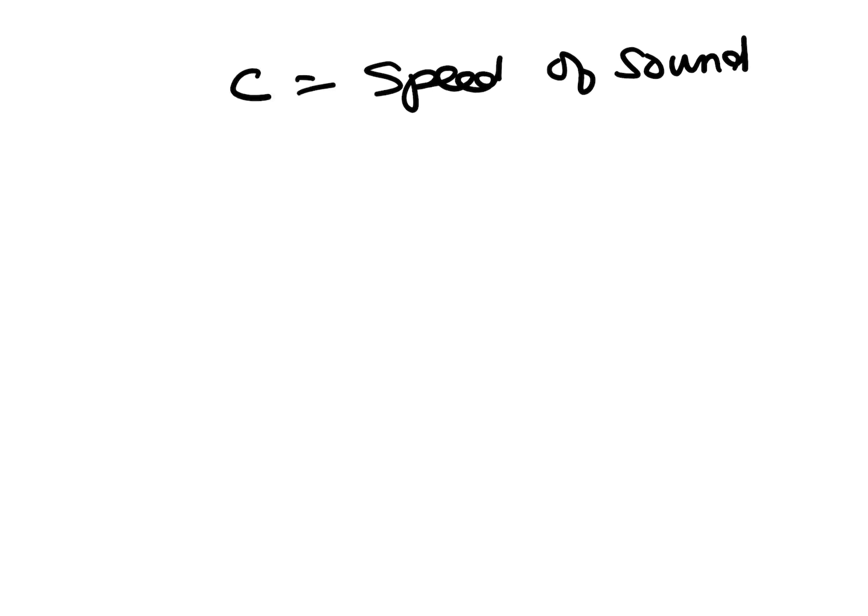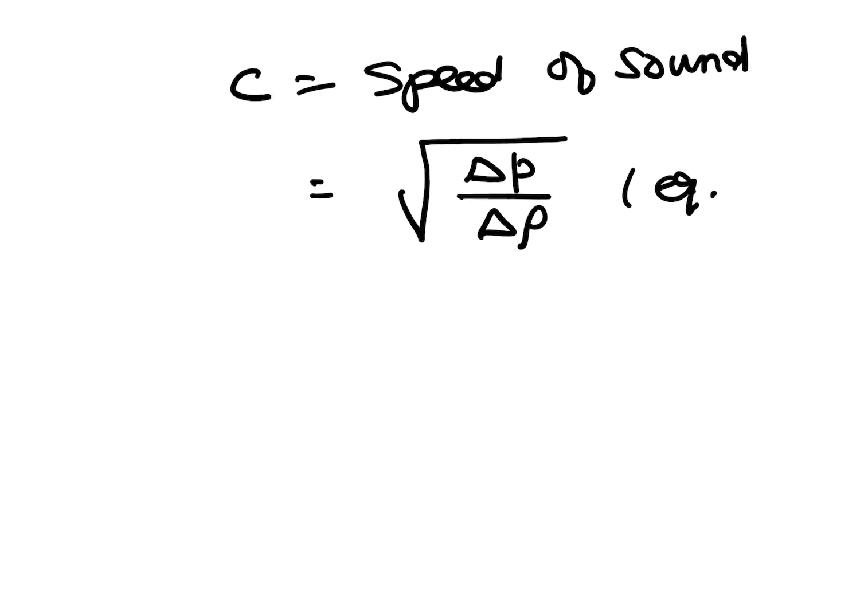Okay, and one more metric that is used in the study of compressible fluids is the speed of sound, which is calculated as the square root of the change in pressure to the change in density, and this is given by equation 1.19 in the book.